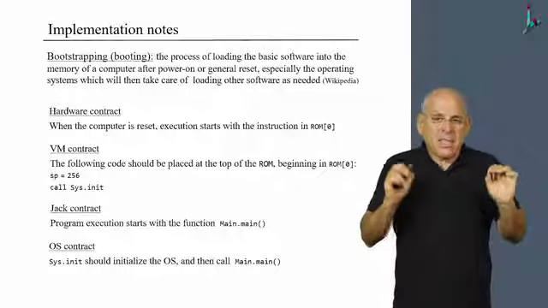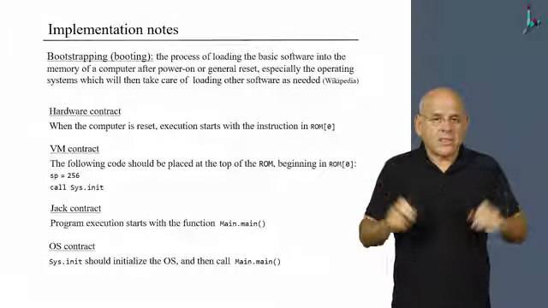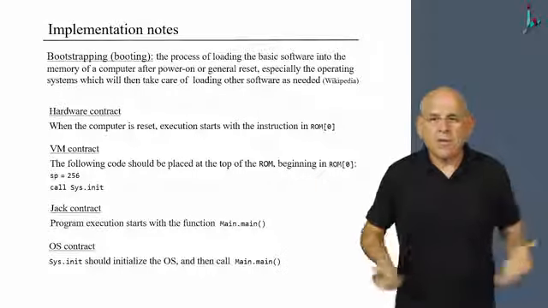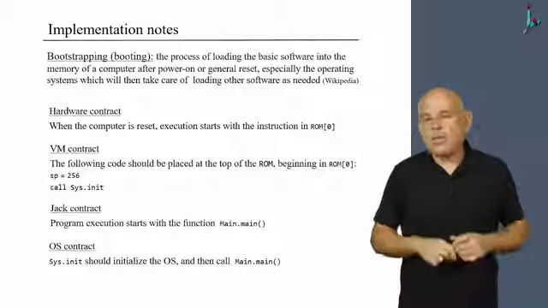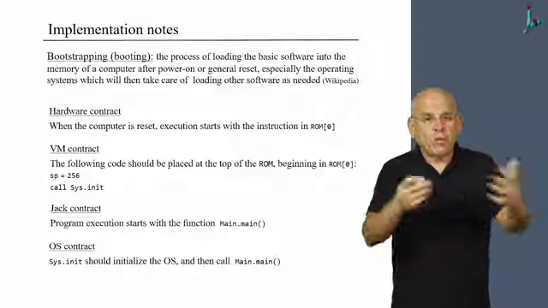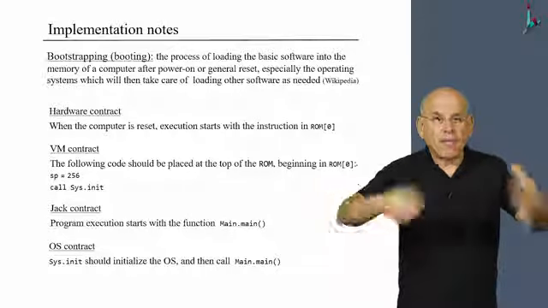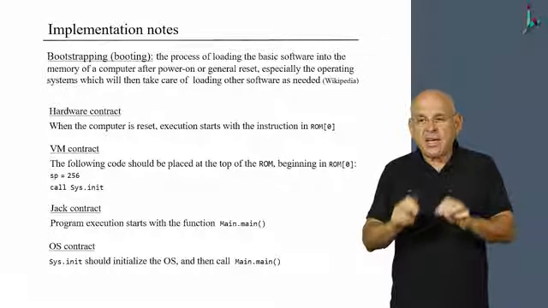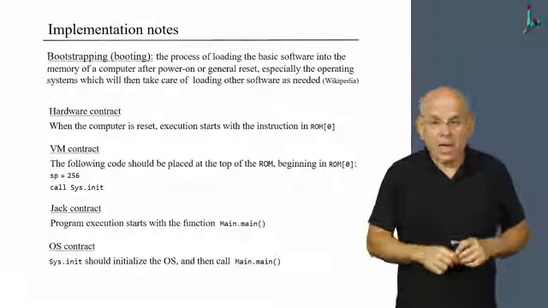This init function should do 2 things. First of all, it should initialize the operating system so that the OS will be ready to perform all its super important operations when the application programs will start using its services. And then Sys.init calls Main.main.